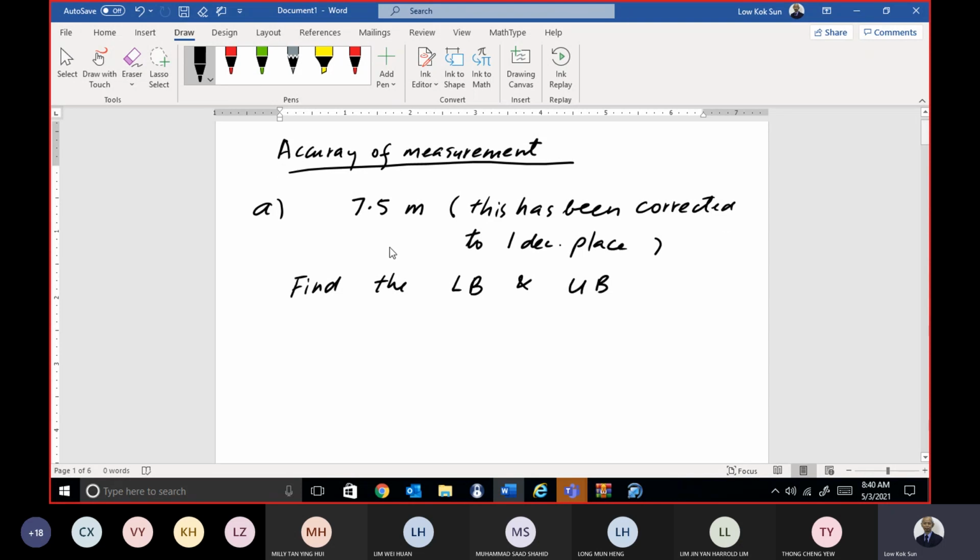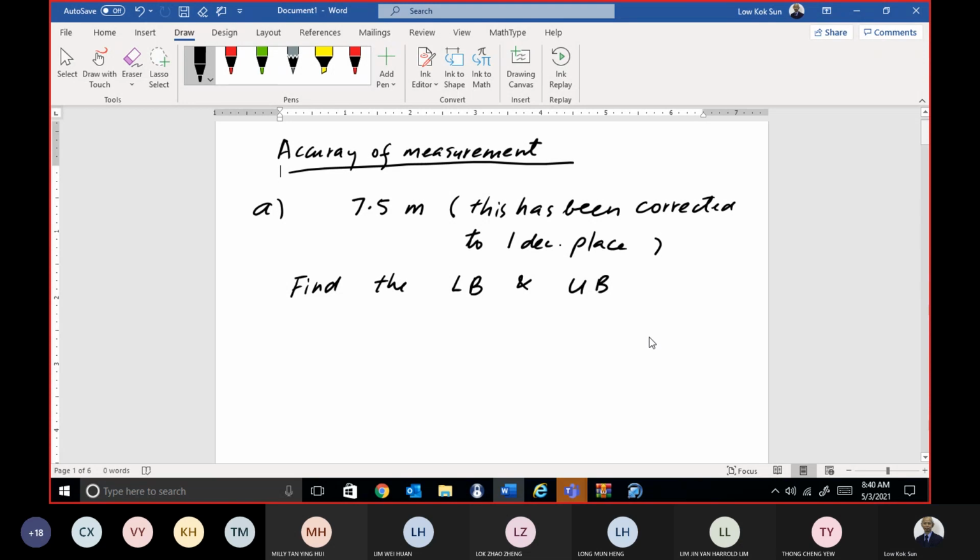So you see, 7.5 meters is a measurement, and this means it has been rounded to 1 decimal place. This is the information we are given.